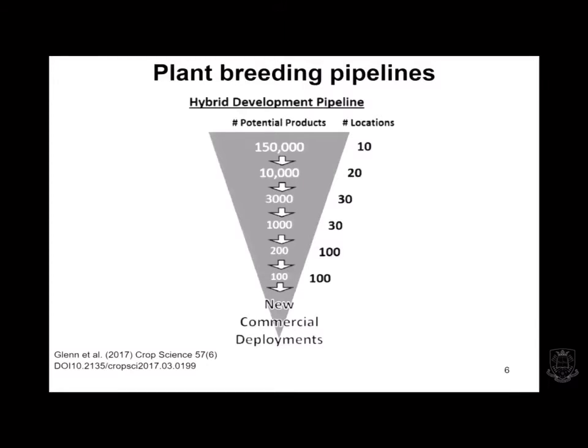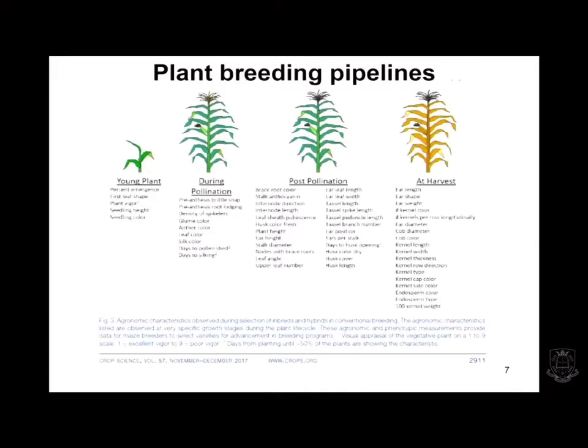And this goes down and down and down until you're testing at multiple sites with a small number of individuals. And this is all before you can even think about deploying to the market. So this can be up to 10, 15 years of work, depending upon the crop, depending upon how fast you can generate it. And in terms of things, this is just for maize.